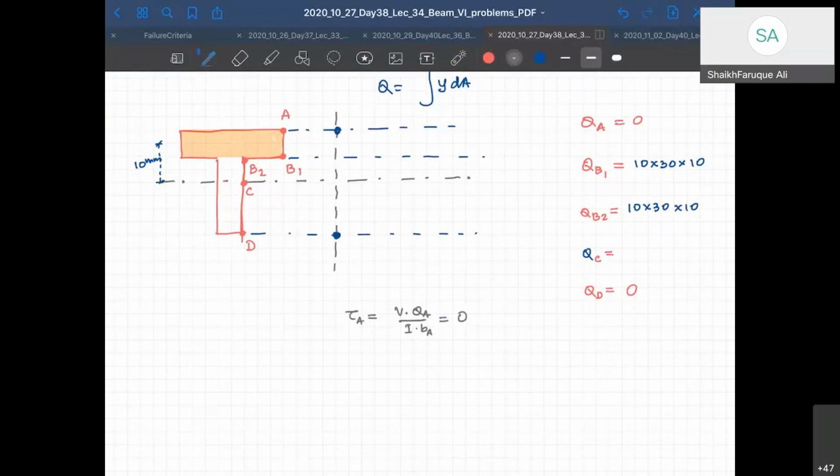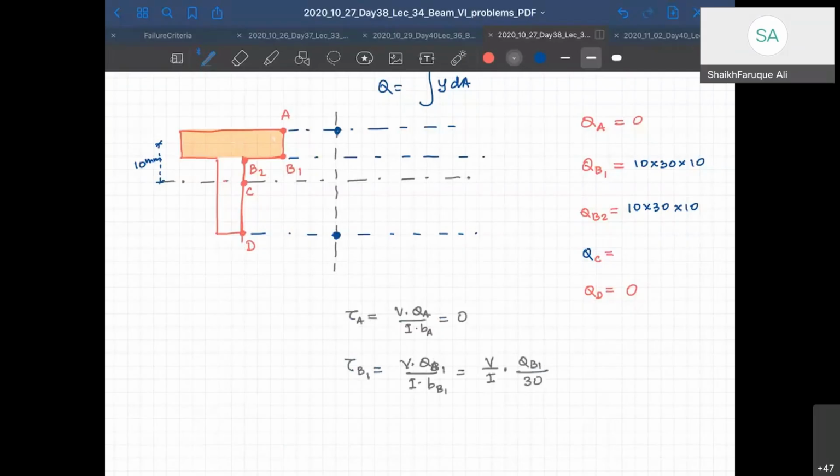Now tau at B1 is equal to V into Q at A, Q at B1, divided by I into B at B1, which is V by I into Q. Let's write it as QB1 itself, not a problem. Divided by B, which is 30 there.